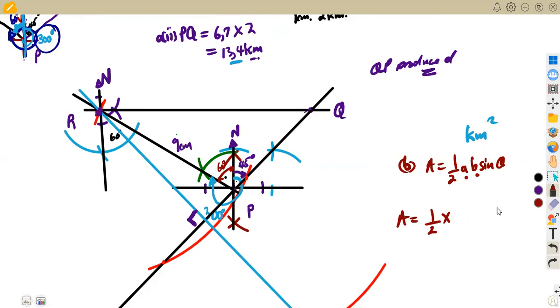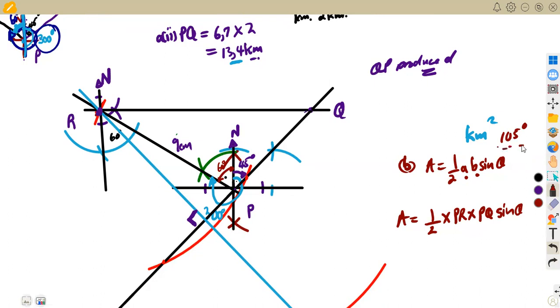So it is going to be half of PR times PQ, which are the sides of the triangle forming this angle in between. So that's half of PR times PQ sine theta, where theta is this angle of 45 plus 60 inside the triangle, which we said is 105 degrees, or you can use 75 from 180.